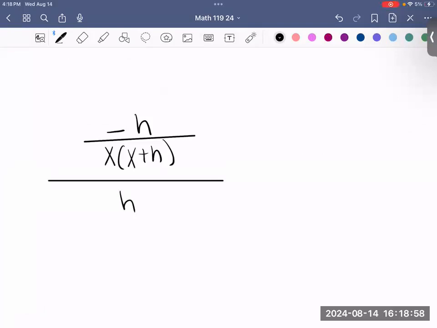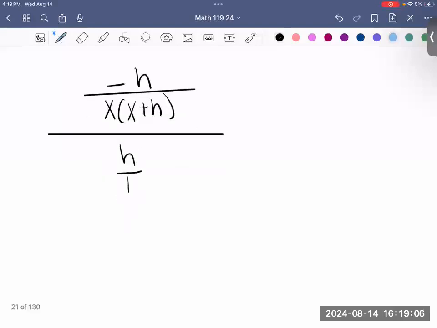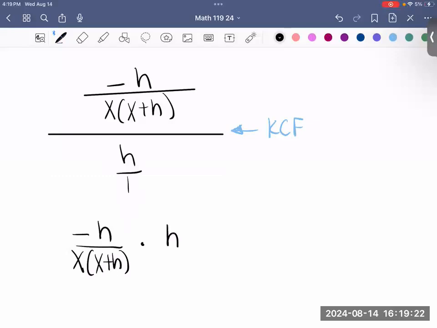So now what are you going to do? Well, you have a fraction over a fraction, right? You can keep this h over 1 if you need to see that. Keep, change, flip. Keep everything the same in your numerator. Change the operation, so go from division to multiplication, and then just flip your fraction.